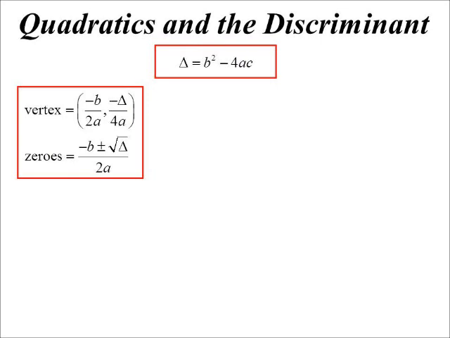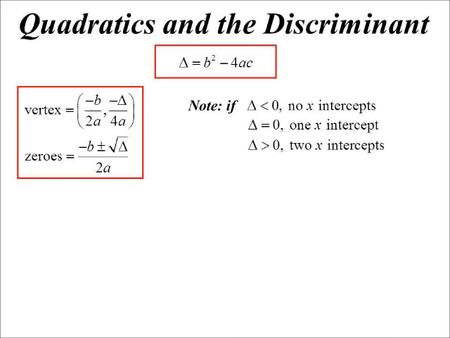So if it's less than 0, I know the curve's going to have no x-intercepts, no solutions. If it's equal to 0, I must be talking about a parabola that's just going to touch the x-axis. And if it's greater than 0, it must be one that has 2 x-intercepts, so it'll cut through the x-axis.